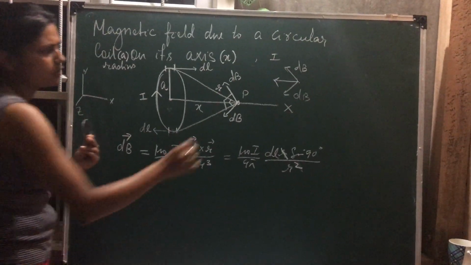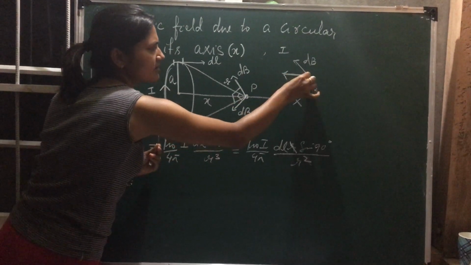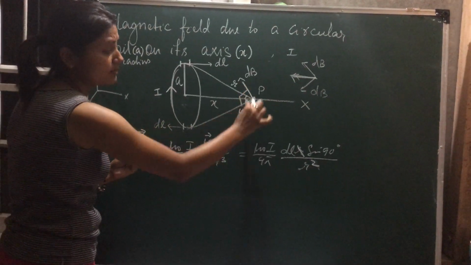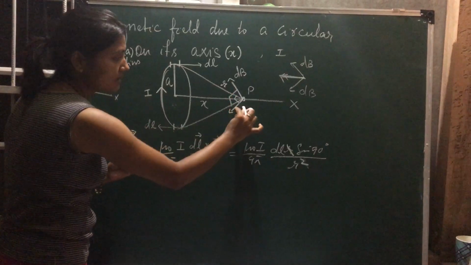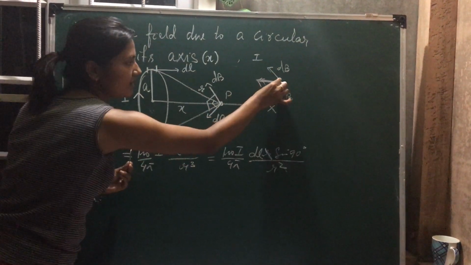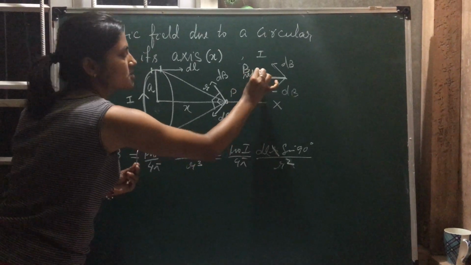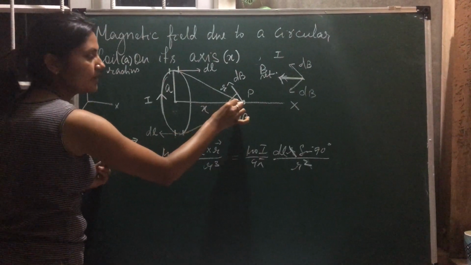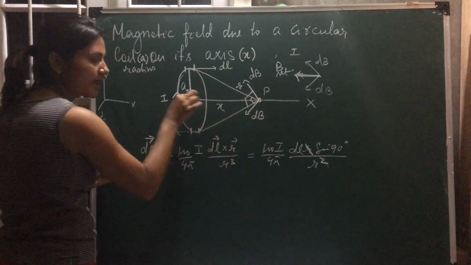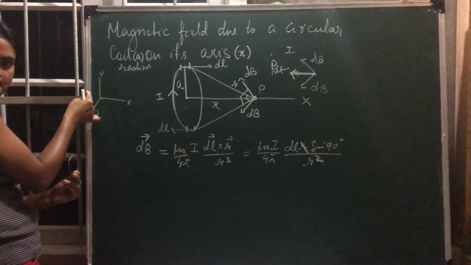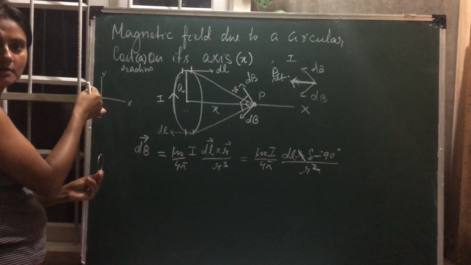So the resultant magnetic field will be along here. I'm not going to do the mathematics for this. So these 2 dB will give the resultant field here. This is the net field. So the net field will be across the axis towards this direction.